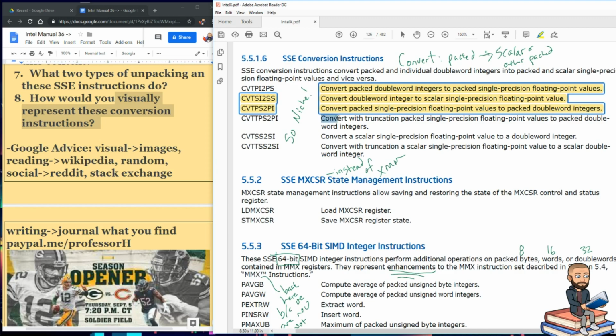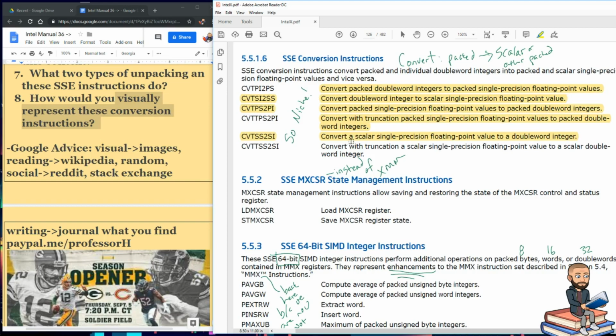And Intel gives us the ability to truncate, that is shorten, right? Truncate packed single precision floating point values to these double word integers. So there are times when that will be needed. There's another truncation right down here, but Intel first inserts the CVTSS2SI instruction so that we could get the whole scalar idea going as well.